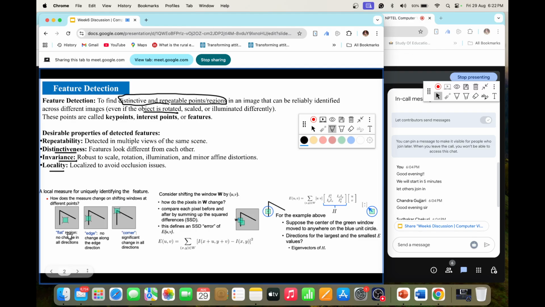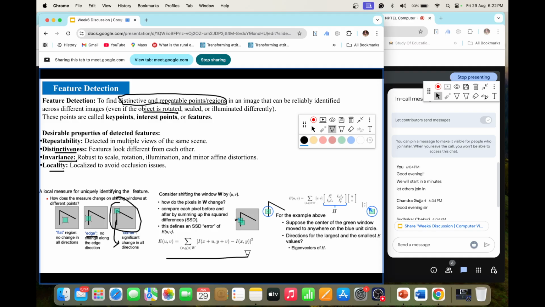So, flat region: no change in all directions. Edge: no change along one direction but significant change in another direction. Corner: significant change in both directions. That is how we distinguish between a flat region, an edge, and a corner. The corner is one of the most important features, because whenever we move our window in any direction, there will be significant changes.